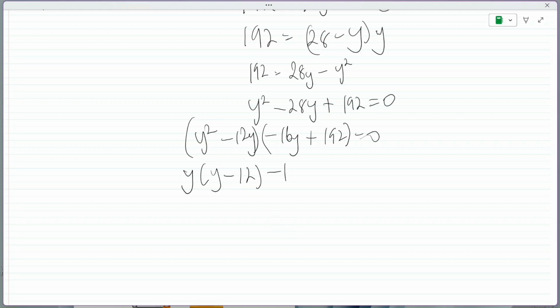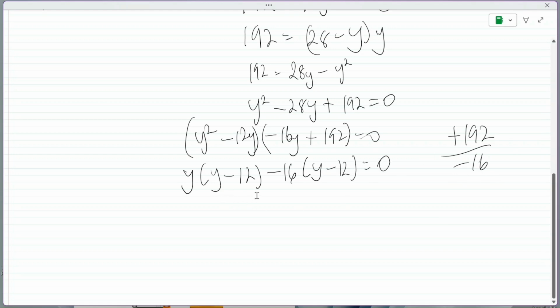So you take out minus 16, it's like saying minus 16y over minus 16. Minus divided by minus is positive. 16 cancels 16, you'll be left with y. So you have it as plus y. You have to really be careful here. This 192 owns this positive, so you have positive 192 divided by minus 16. Positive divided by negative is negative, and 192 divided by 16 is 12, equals 0.